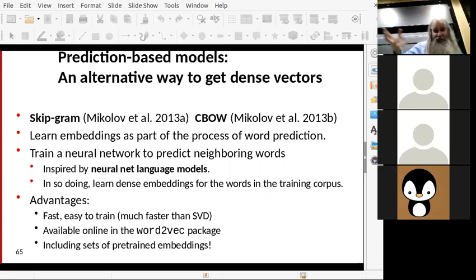Skipgrams and continuous bag of words, although they're optimizing slightly different things, are very similar. We want to train a neural network to predict the neighboring words, or we want to train the neural network to predict this word given the neighboring words. That's really the distinction between them.